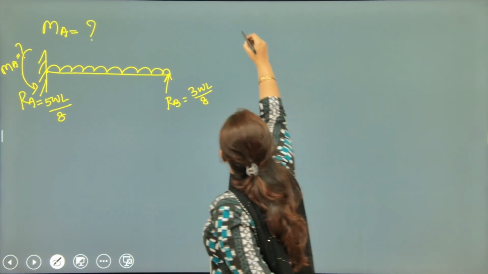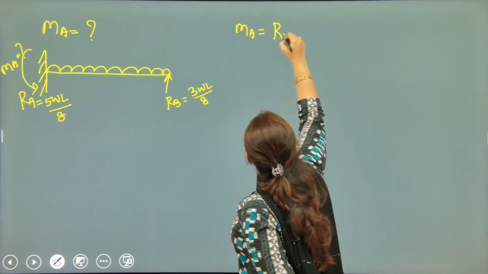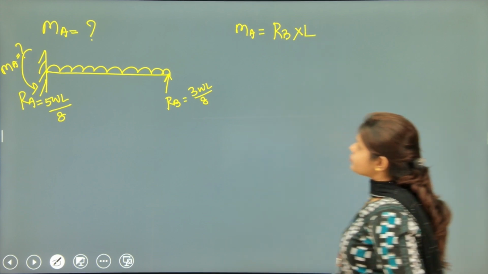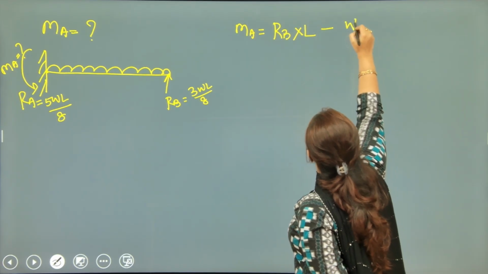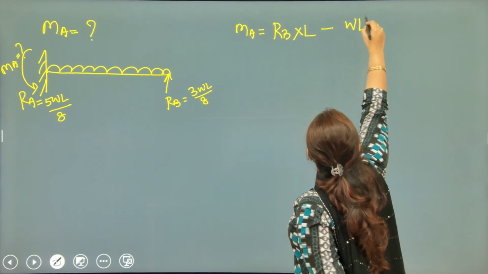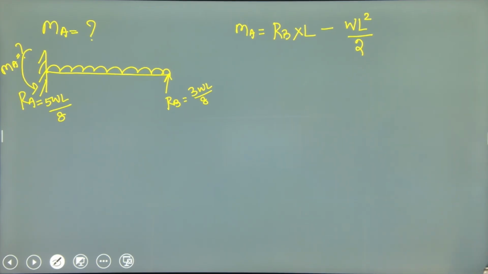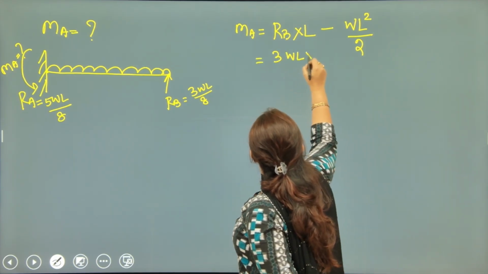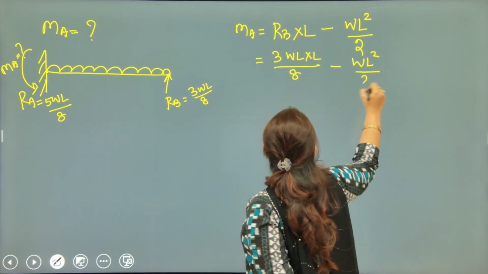So we will go for MA as RB into L minus W into L square by 2. And the moment at A will be 3WL into L upon 8 minus WL square by 2.